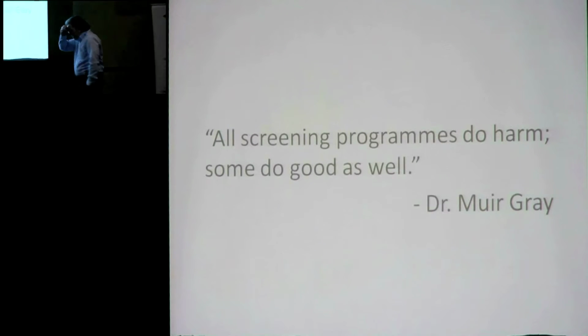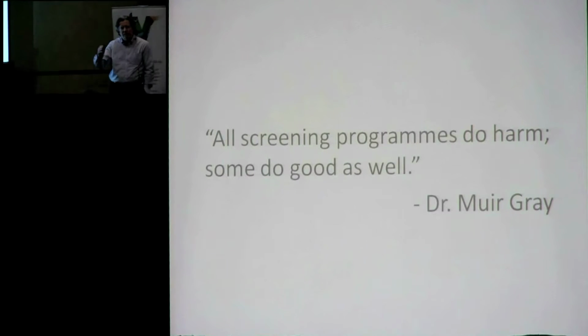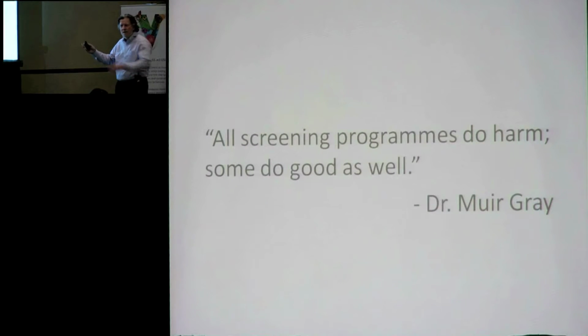So, Dr. Muir Gray of the United Kingdom coined this phrase, which I think is very important, and we just heard a different rendition of this. But he said, all screening programs do harm. Some may do good as well. We never tell the story that way. This is the flip side of what we usually hear.